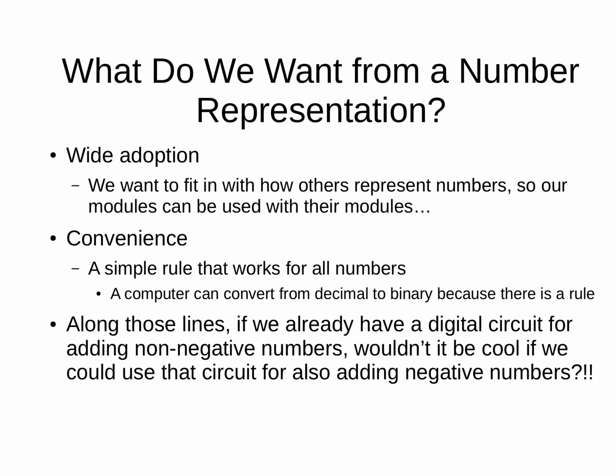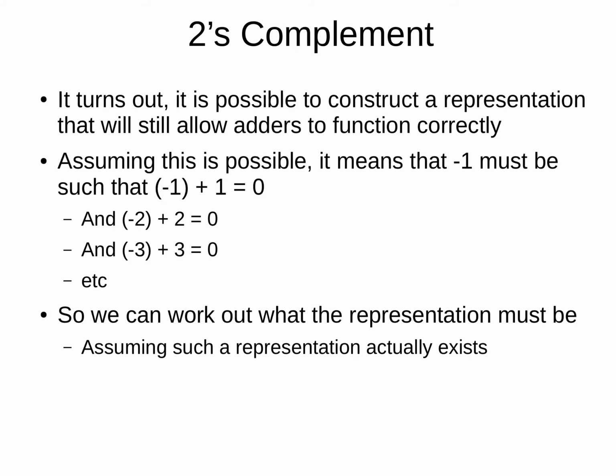And that's why there's a clear winner, most of the time anyway, in how we're going to represent negative numbers in binary. We don't have to do it the way we're about to discuss, but it's often the most convenient way of doing it. The way we are going to do it has got a nice name. It's called 2's complement, and it has the benefit of working with existing adders. We don't have to change our adder circuits, and they will still be able to add numbers even if we move to this new representation for representing numbers.